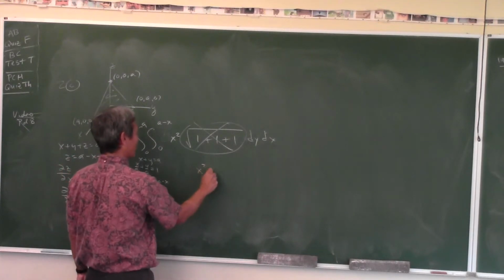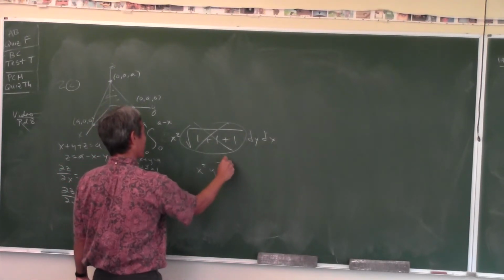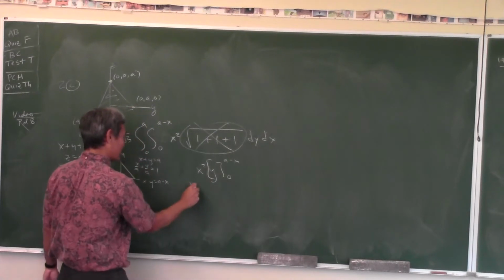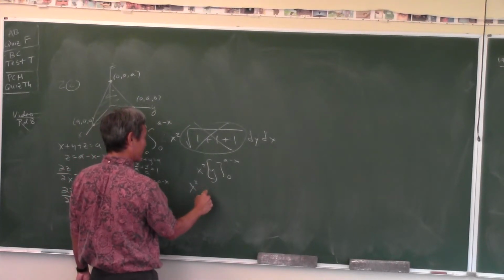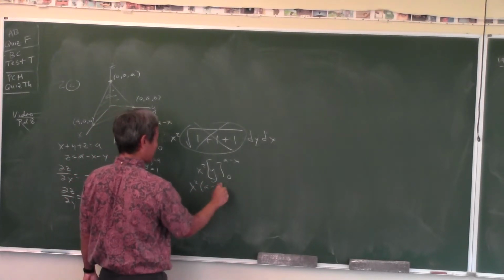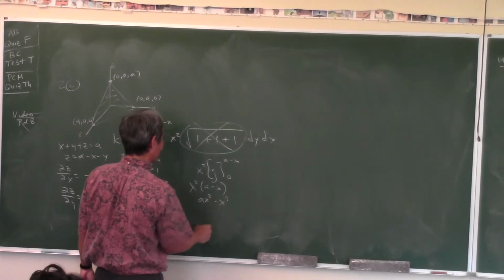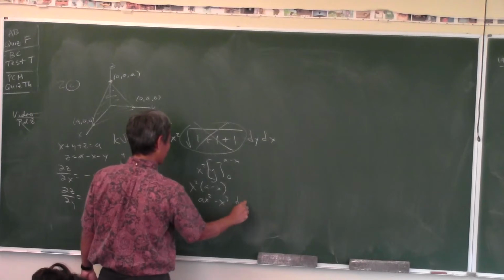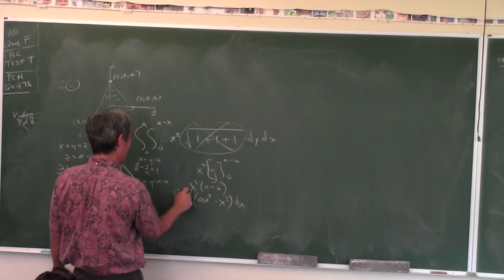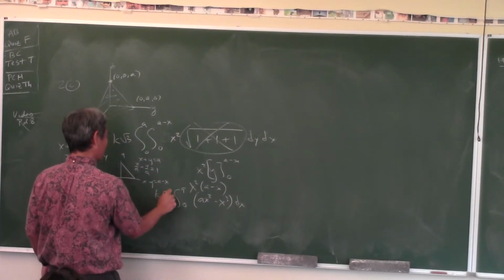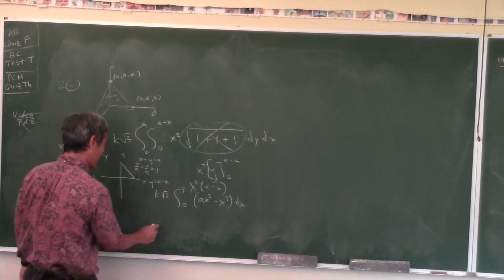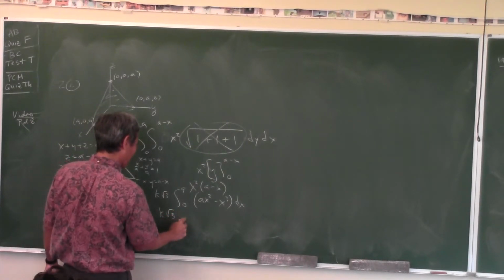It's just x squared y from 0 to a minus x. Plug in the top number, a minus x, minus 0. So that's just a x squared minus x cubed. Now we have to integrate that with respect to x from 0 to a, and then multiply it by k root 3.